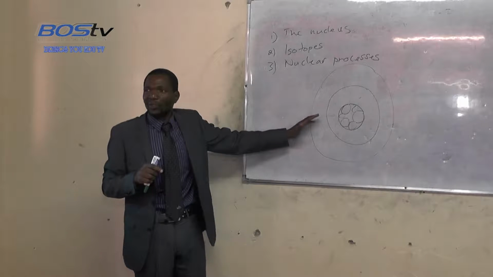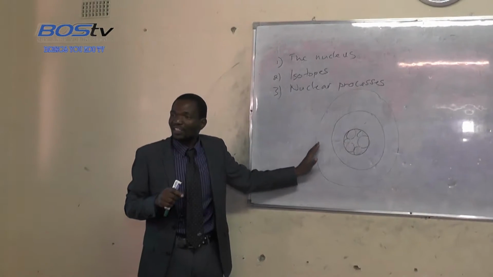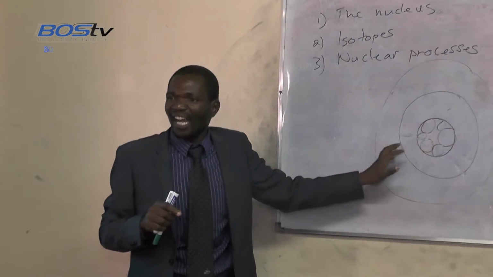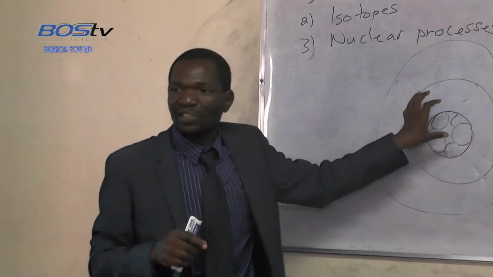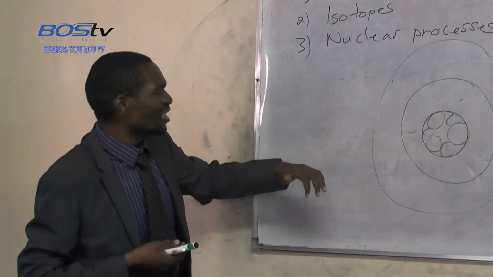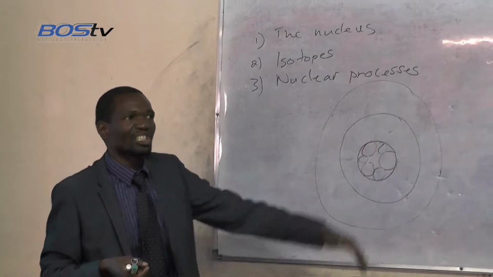The number of protons determines the number of electrons in a neutral atom, and the number of electrons determines the arrangement of electrons, and this is what determines the chemical reactions which can take place. But when we are looking at nuclear processes, it's slightly different, as you'll see shortly.